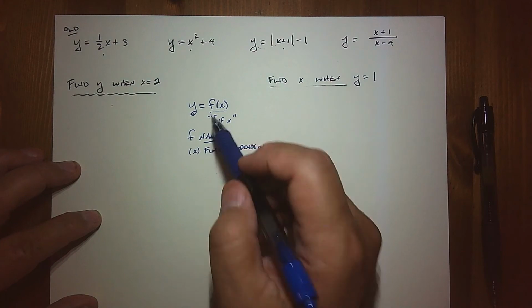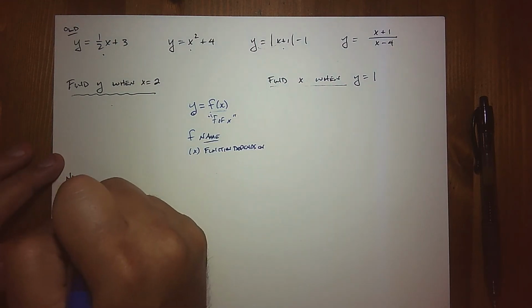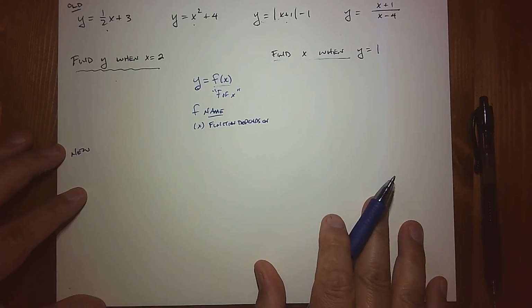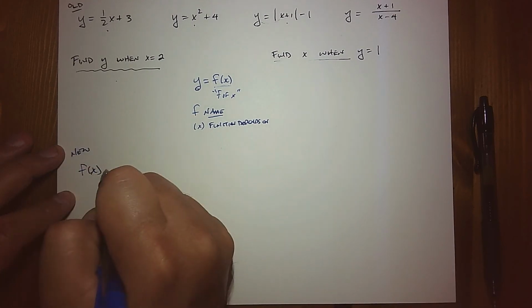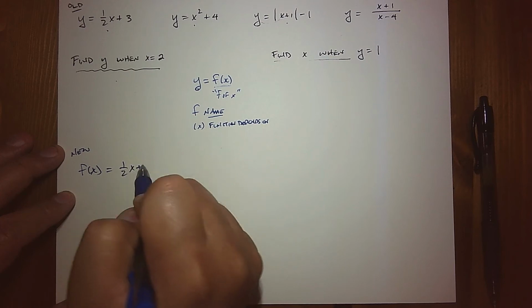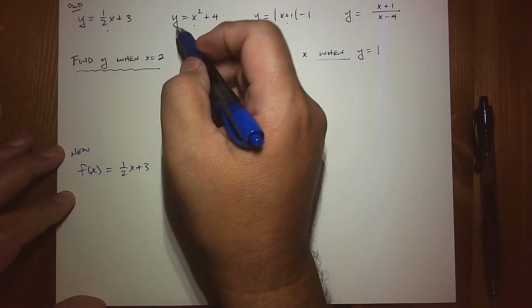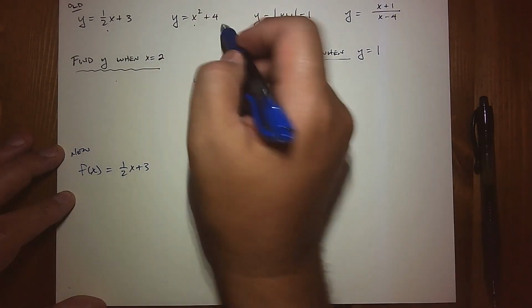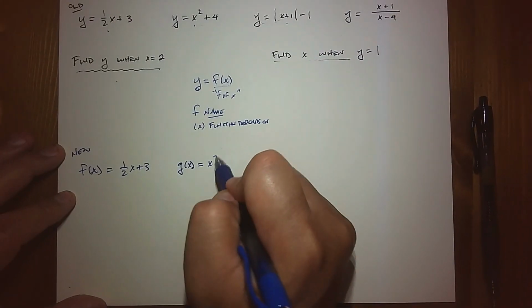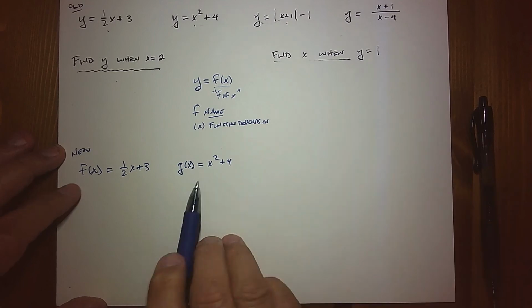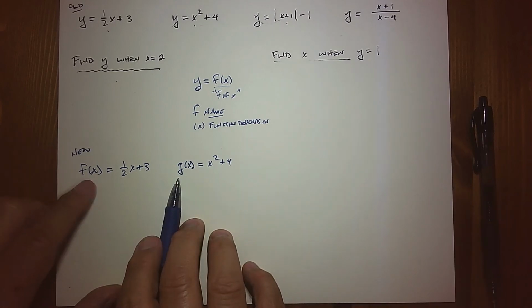So here's the new way of doing things: rather than calling the first relationship y, maybe I call that f of x equals 1/2 x plus 3. Since I can give it a function name, perhaps rather than calling this y equals x squared, I call that g of x equals x squared plus 4. So I've already distinguished between these 2 functions.